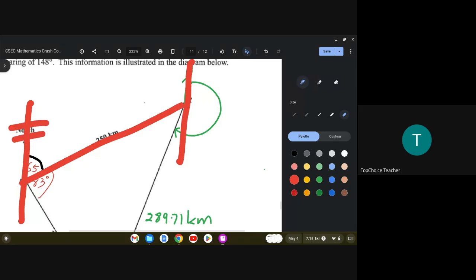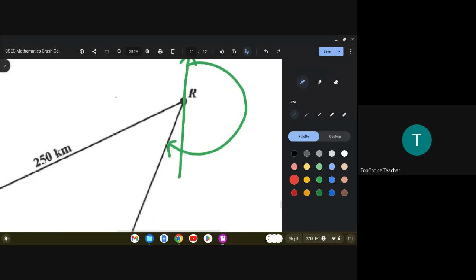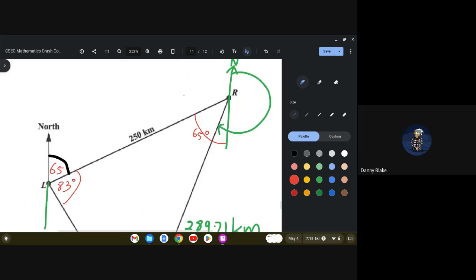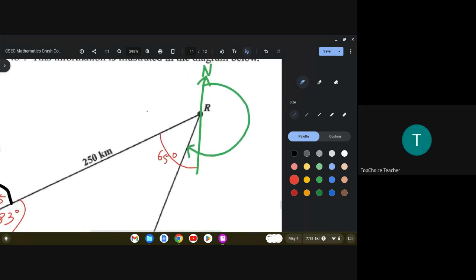These lines are parallel to each other. So if that is the case, wouldn't this angle here be 65 degrees? Yes, very good.